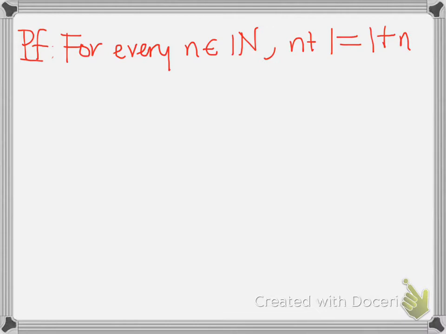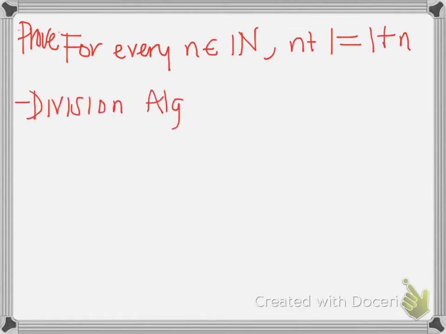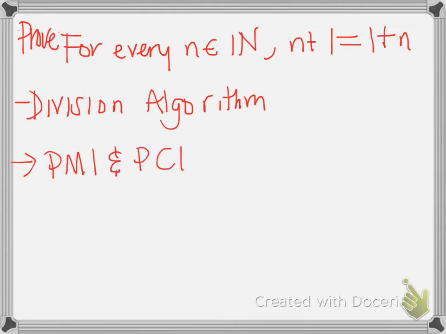So look in the book at that proof, and also look at how they prove the division algorithm. Also just glance over where they conclude that the PMI and the PCI are equivalent.